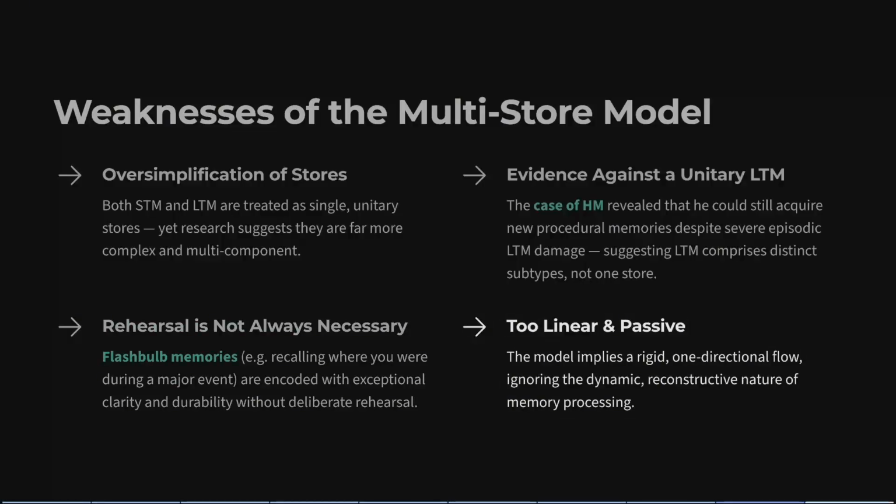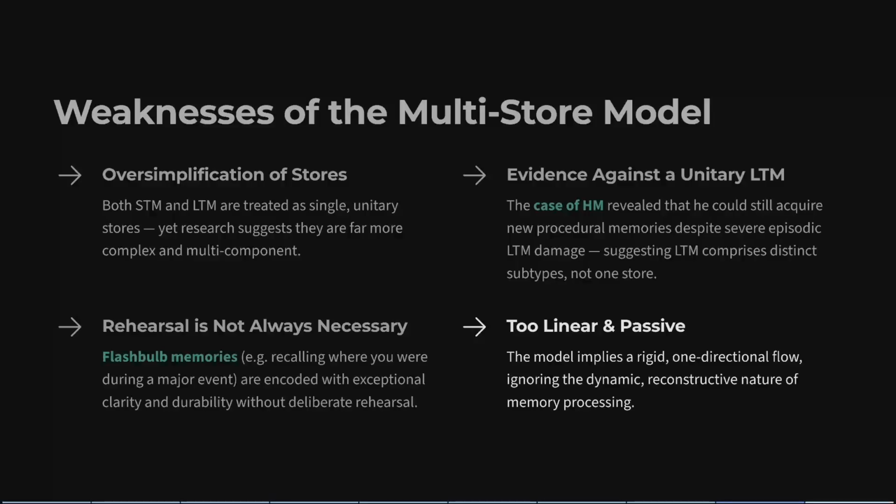And finally, the model implies a rigid one-way flow from SR to STM to LTM. But memory does not actually work this way. Long-term memory constantly influences how we process and encode new information. Your existing knowledge, expectations, and schemas shape what you attend to and how you interpret new experiences.